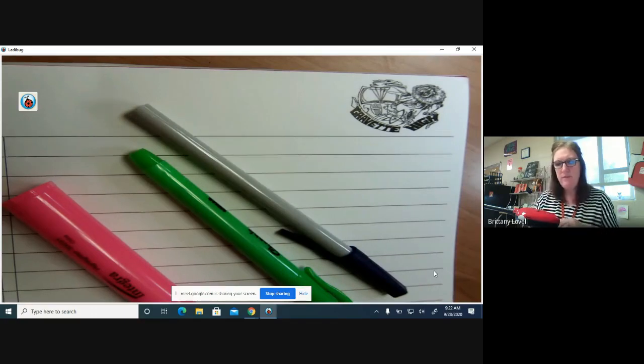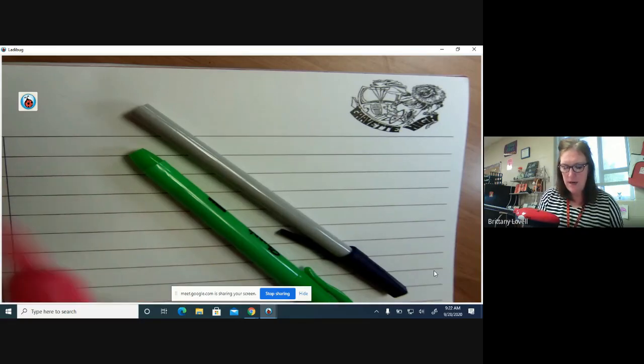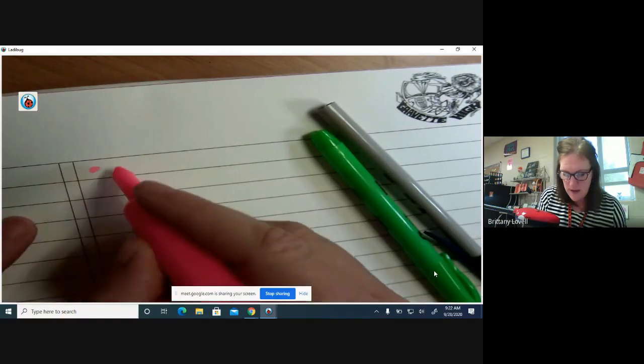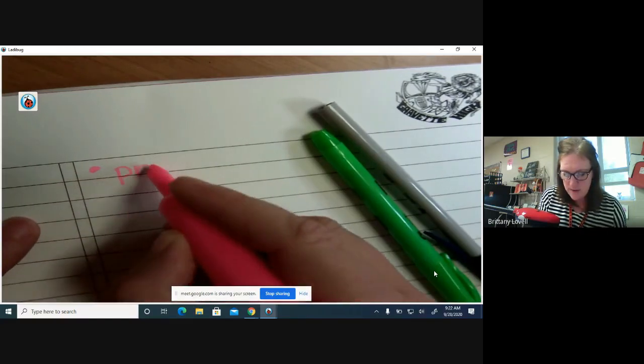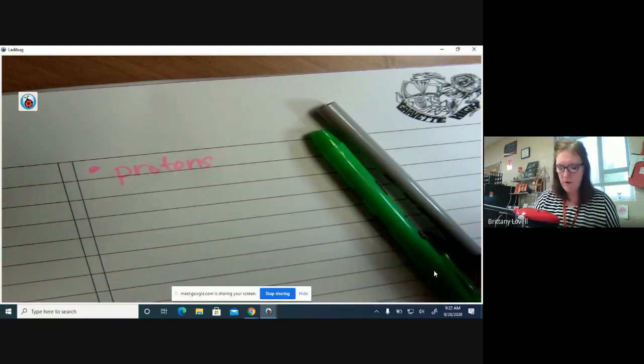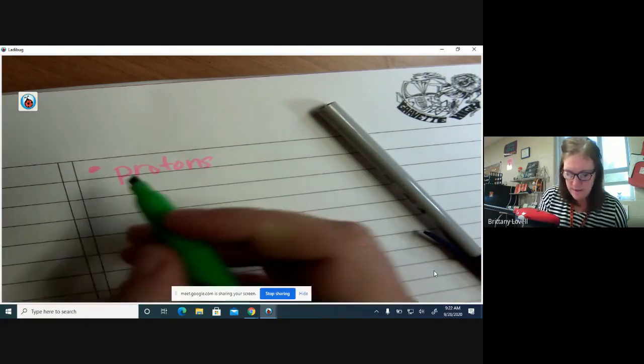With these different colors, you need to make one of your colors be a proton number, and you can list that as protons. Have one of your colors be electron number.